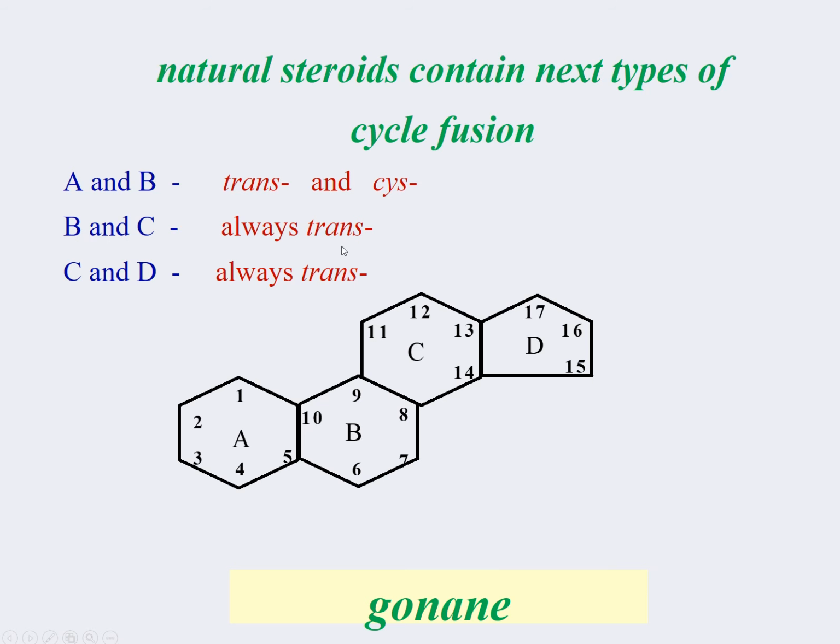It will always be trans. As for A, B, they can be both trans and cis, and because of that, steroids are subdivided into trans or cis series, and C, D mostly trans. There are some exceptions, but mostly trans configuration.